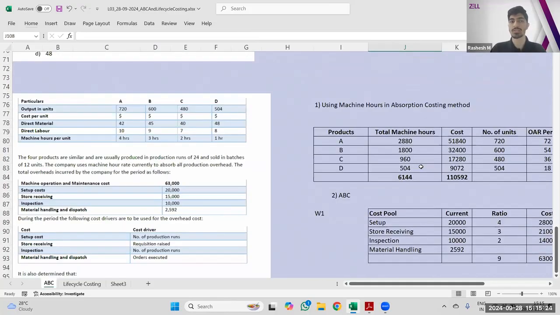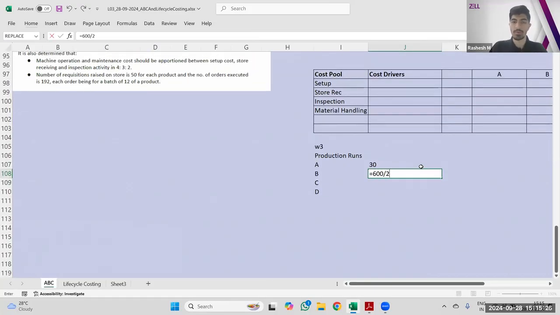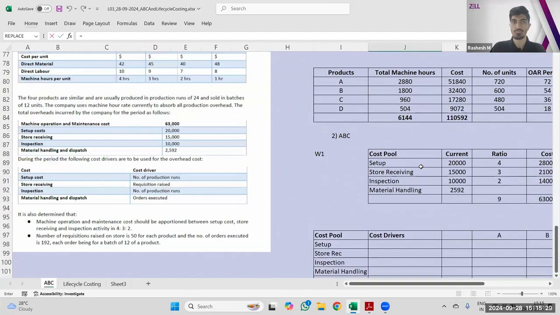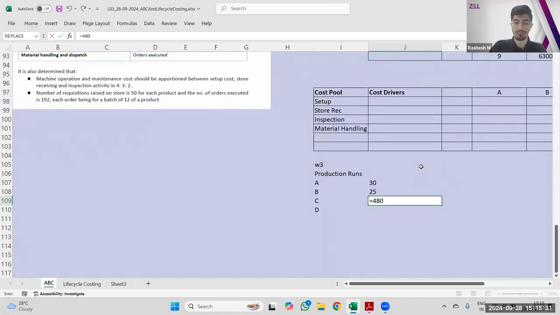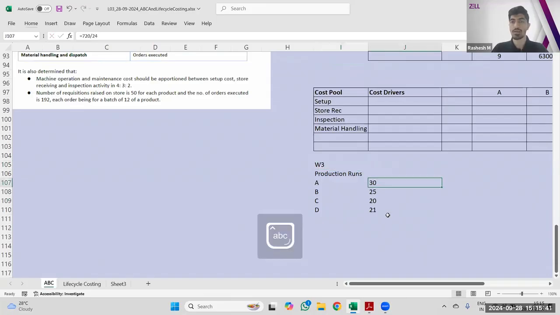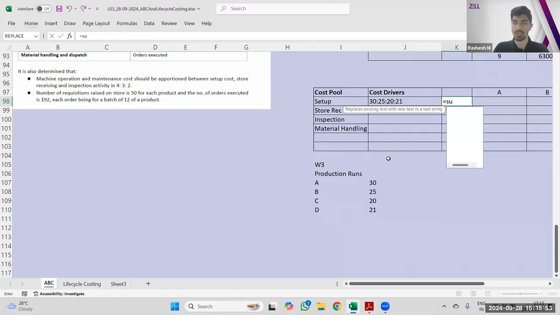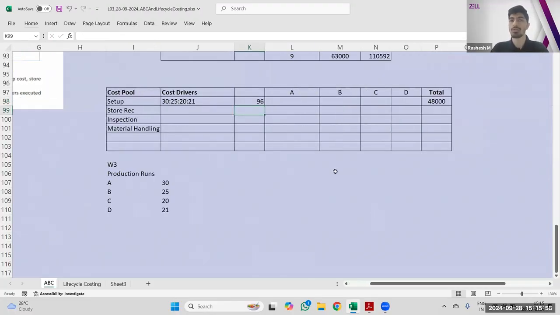So I'll do it the same way. 600 divided by 24, 480 divided by 24, and 504 divided by 24. Clear how we came to the ratio? 30 is to 25 is to 20 is to 21. The total, let's also write, 96. So you have it in front of you.